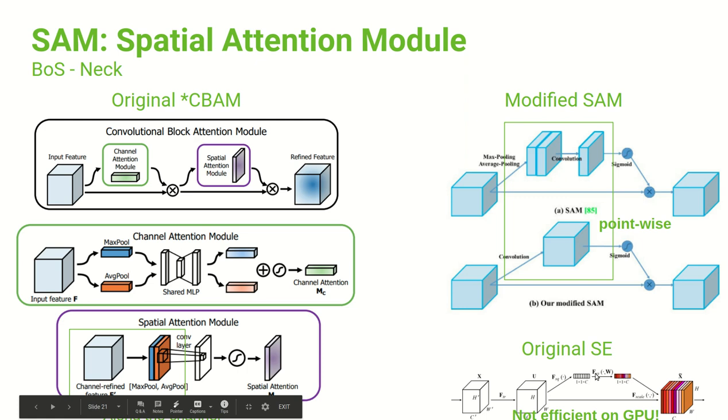And the reason for using the sigmoid function is not just simply because it compresses to 0 and 1, because you can also use ReLU and do some mathematical operations to make sure they compress to 0 and 1. But the reason is they found in the original paper that using the sigmoid function tends to have better performance. There's an ablation study for using different activation functions, and sigmoid is what they chose.